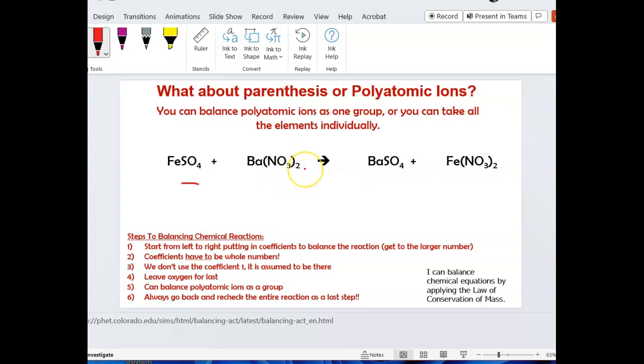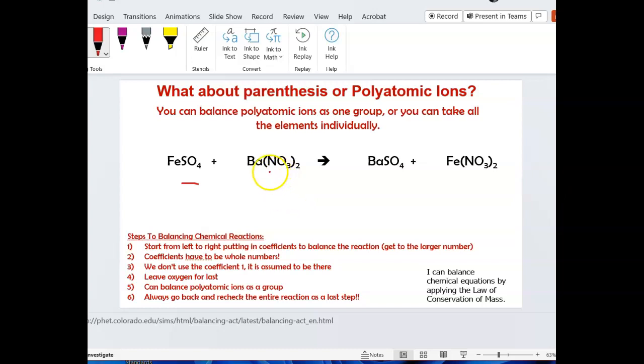So remember, when you have subscripts outside of the parentheses, you have to multiply in order to identify how many you have. But it may be easier to just balance that as a polyatomic ion, and it may save you some time. But again, it's optional. It's just a strategy.